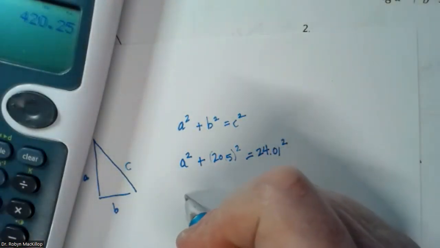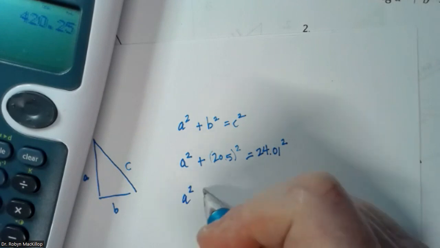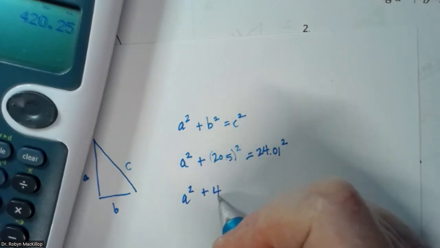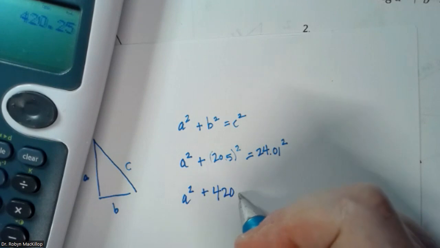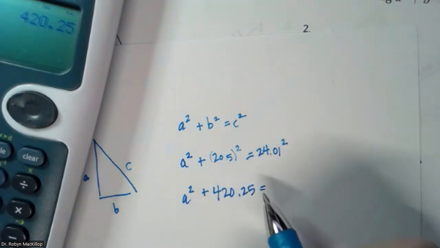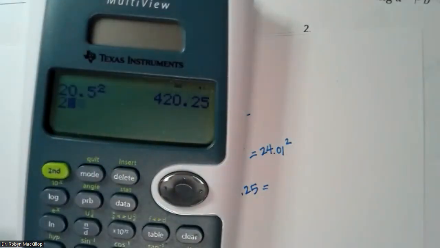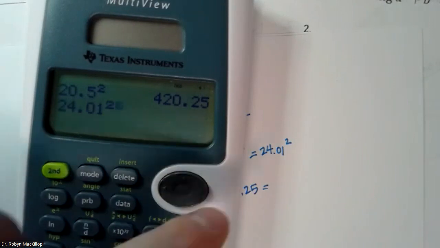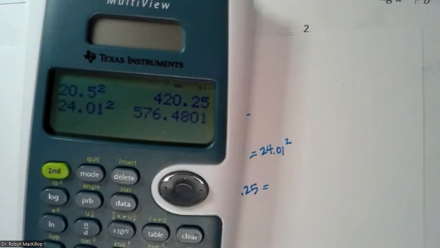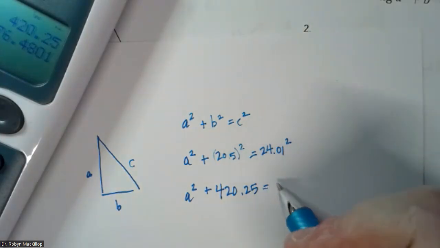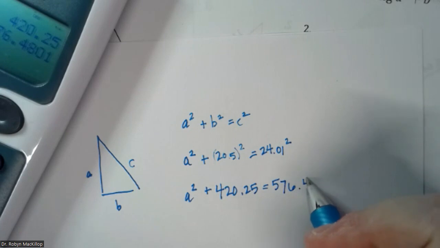So I've got A squared plus 420.25 equals, and then I need to square this 24.01. 24.01, exponent key, 2, arrow out of exponent mode, enter, 576.48. Equals 576.48.